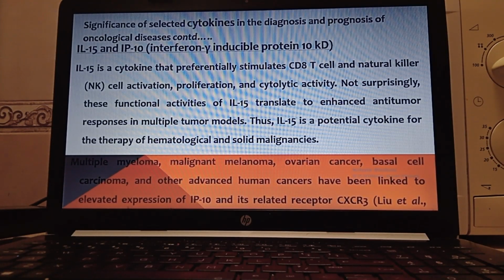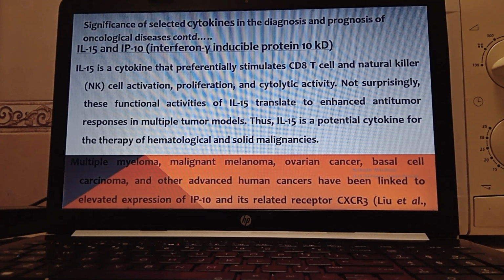Interleukin 15 and interferon-inducible protein 10. Interleukin 15 is a cytokine that preferentially stimulates CD8 T cells and natural killer cells activation, proliferation, and cytotoxic activity.